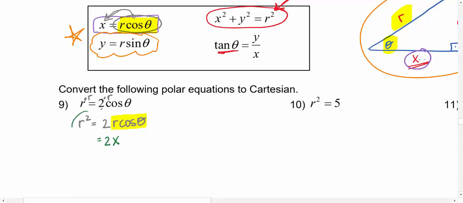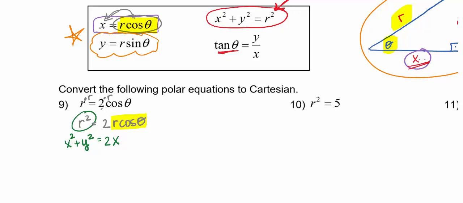Well, r squared is also equivalent to x squared plus y squared, because that's where r squared came from in the Pythagorean theorem. You can leave it like so. You have actually converted it to Cartesian. I wouldn't necessarily recommend solving it for y.